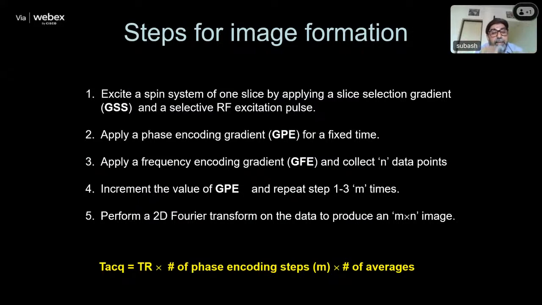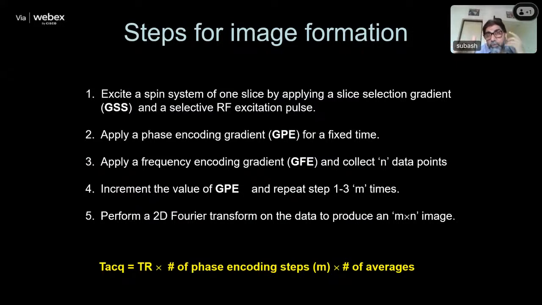Then after that, you increase the value of the phase encoding gradient and repeat steps 1 to 3, and perform a 2D Fourier transform of the data to produce an M by N image. Now, what is the time of acquisition for this image? Time of measurement is equal to TR, as you know, that is the time between two 90-degree pulses, times the number of phase encoding steps.